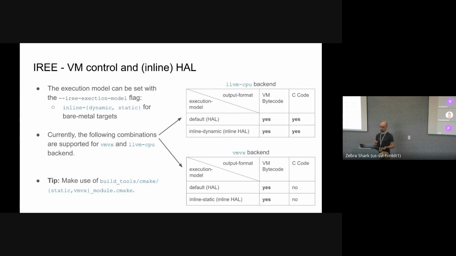Actually, it's quite convenient to just use our CMake modules, which do a lot of work for you. There are still some ongoing efforts because, for example, the LLVM CPU backend, at the moment at least, only supports inline dynamic. But it would be nice to also have the inline static HAL. I won't go into the details here, I just want to mention it: to also support the inline static HAL with the LLVM CPU backend, because that's actually the favorite backend for bare metal devices.